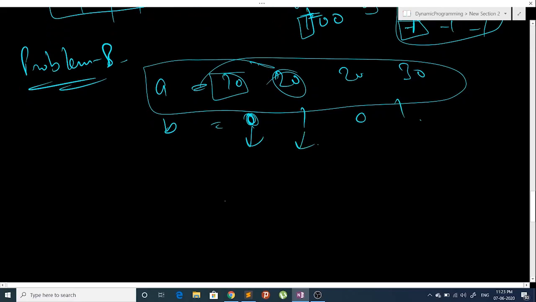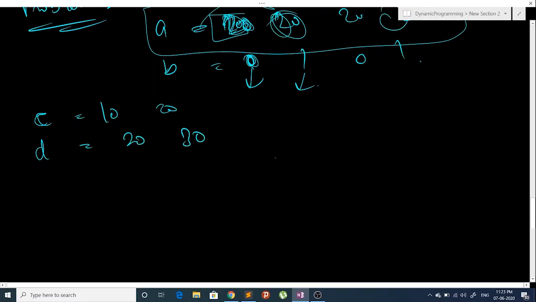Now the solution can be like this. You take all the elements which have B value 0 in one vector, and maintain two vectors C and D. So in C I will store 10, 20, and in D I will store 20 and 30.